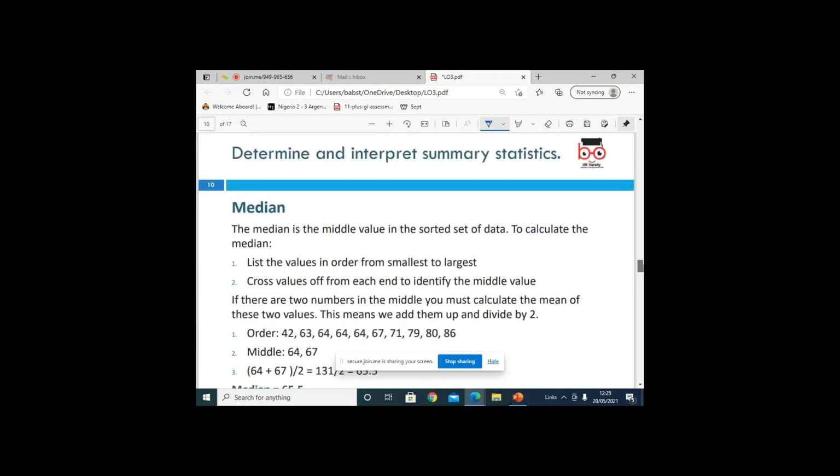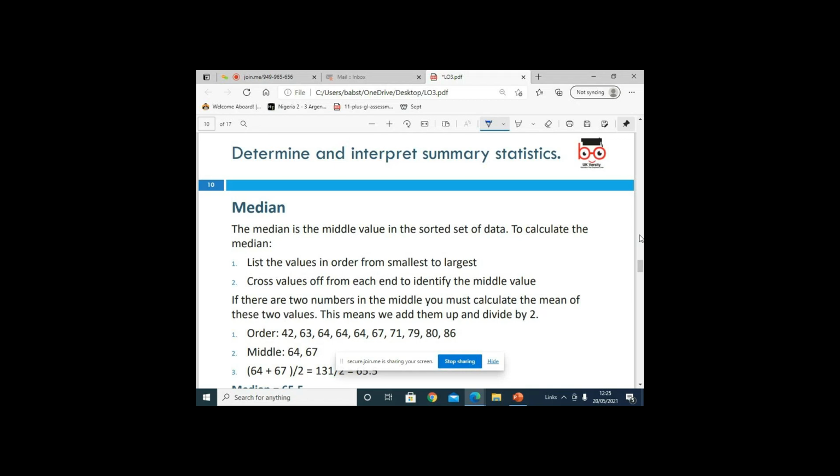So the second one is median. Median is the middle value in a sorted set of data. If you want to find the median, you have to arrange the data in order. Then you count and find the number in the middle.